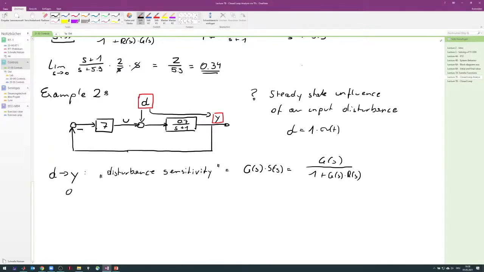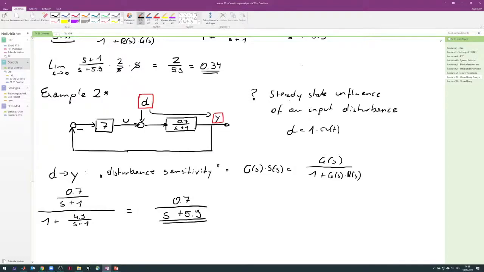G of s is 0.7 over s plus 1, and we have 1 plus 4.9 over s plus 1. So if you solve that, it's going to be s plus 5.9, and this cancels and you remain with 0.7.